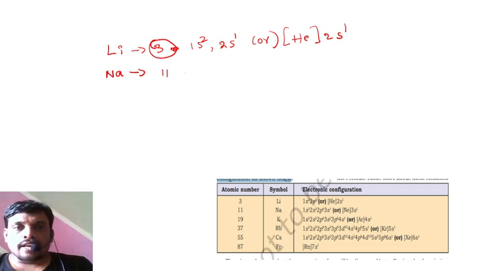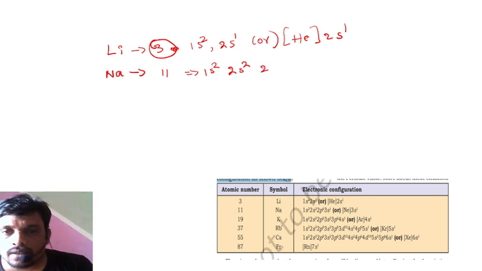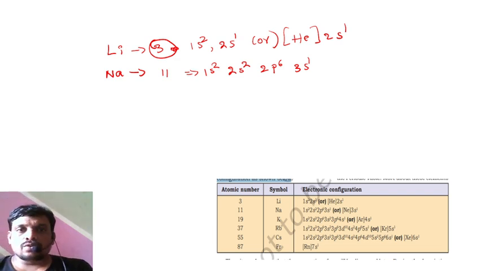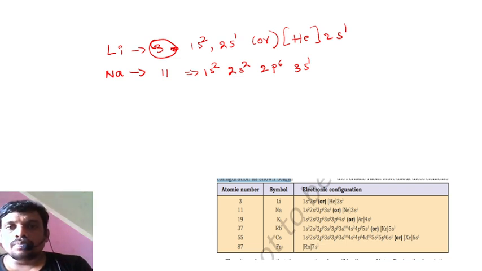And the electronic configuration will be 1s2, and in the first s orbital 2 electrons are filled, hence it is 1s2. And the next one is 2s2, and the next one is 2p6, and the next one is 3s1. It will be mentioned like this. So count the total number of electrons that are filled in the 1s, 2s, 2p and 3s.